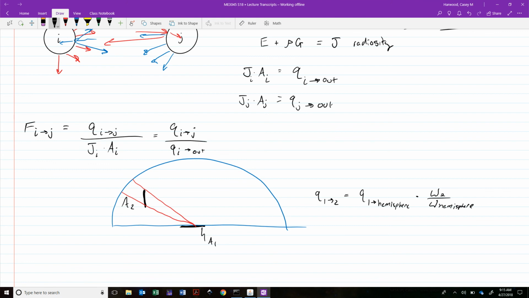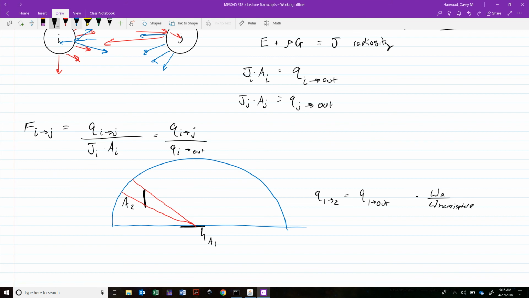But anyway, what we've got here is basically the Q out. If the hemisphere accounts for all of the radiation that's being cast out by surface 1, we can rewrite this as Q1 out, total.